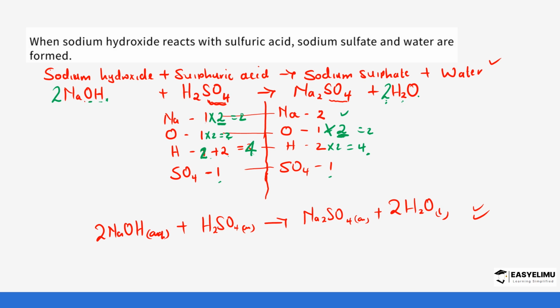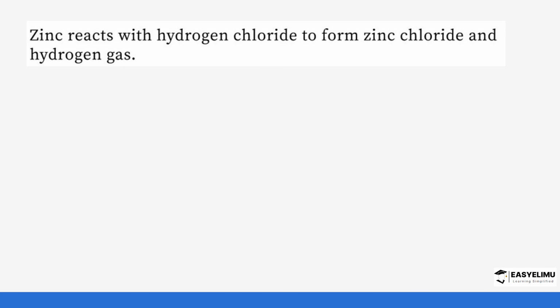So let's do another question. Zinc reacts with hydrogen chloride to form zinc chloride and hydrogen gas. So our word equation will become: zinc will react with hydrogen chloride. This one is hydrochloric acid. To form zinc chloride and hydrogen gas.